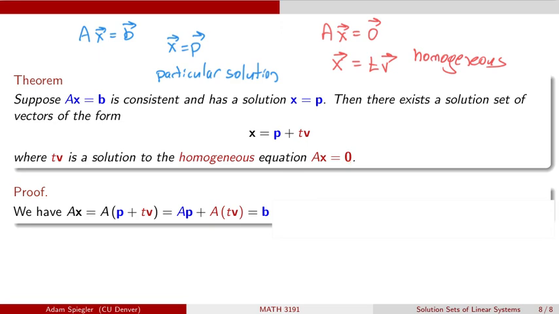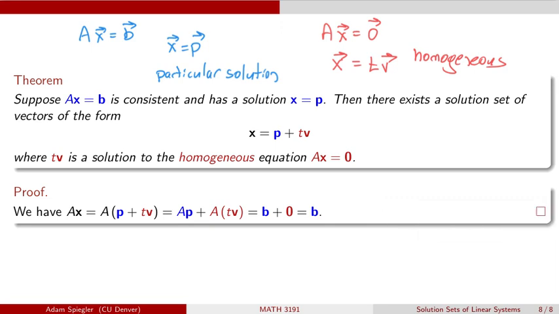So from the first term, when I plug p in, I get b out. I get the non-homogeneous solution, and tv is the homogeneous solution. So when I plug this in for x, A times that should give me the 0 vector. So the vector b plus the 0 vector, recall, is going to give me just the vector b back.